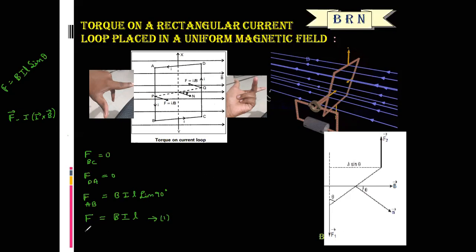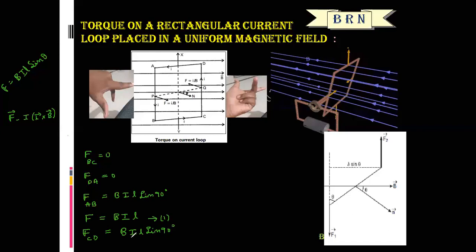And the force acting on the side CD, that is also same, right? So BIL. So here L vector is vertically upwards. Direction of L vector, direction of current, both are same. So L vector is vertically upwards. So B vector, that is from left to right. So angle in between them is 90.